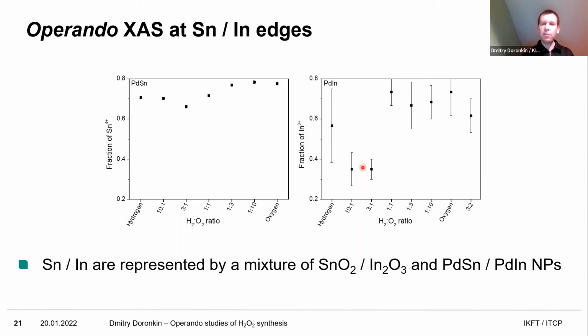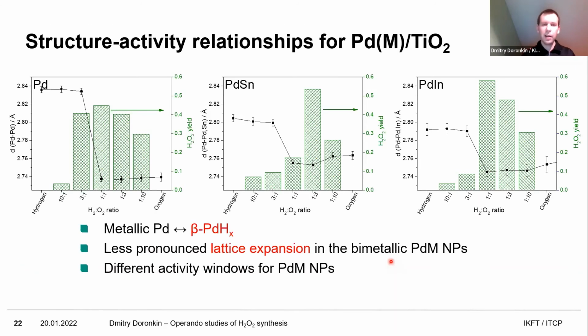In the indium case, we can see quite a clear reduction and then oxidation if we change the hydrogen to oxygen ratio. For tin, it mostly stayed oxidized. The reduction was at maximum 5%. So tin and indium are a mixture of oxides and the metallic state, while palladium is fully metallic.